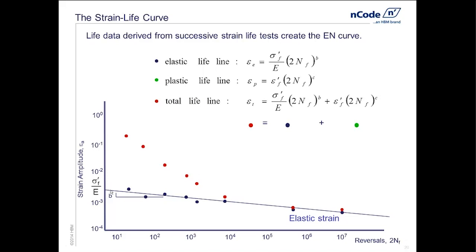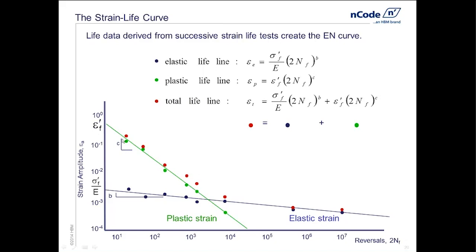In addition, we also extract the plastic strains from the total, and we regress a second line through that. So that green line there is the plastic line, or the ductility curve. And again, it provides two more pieces of data. C here is the slope of that, and epsilon F prime is the intercept.